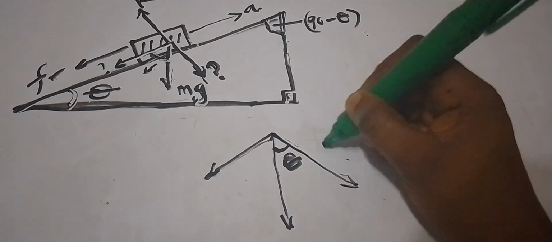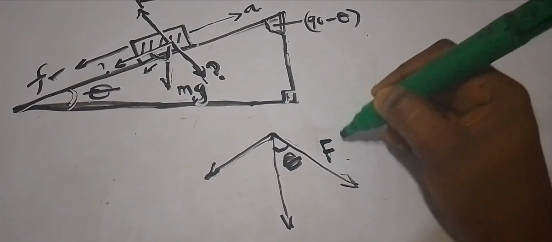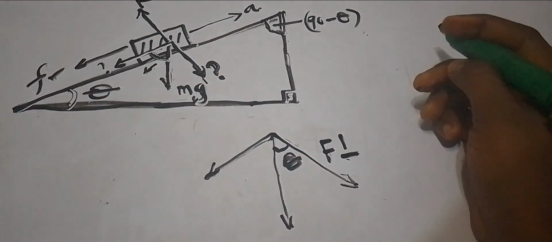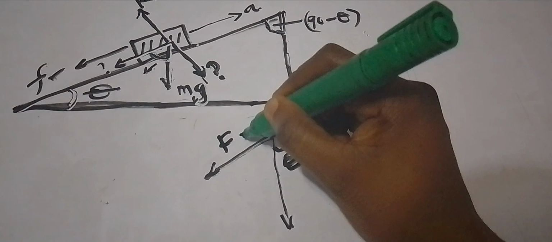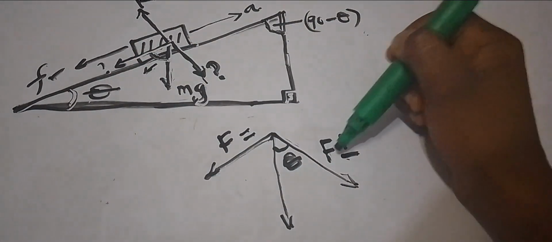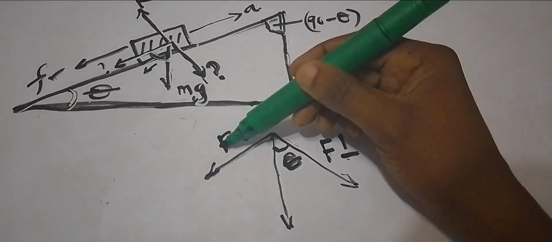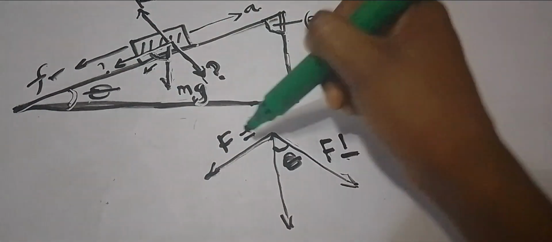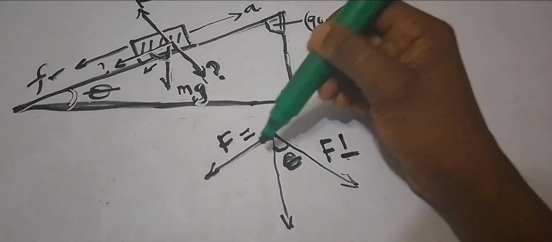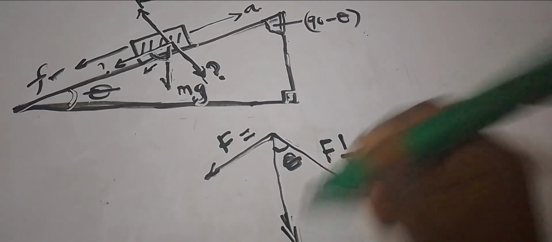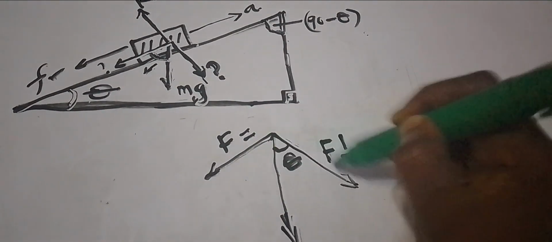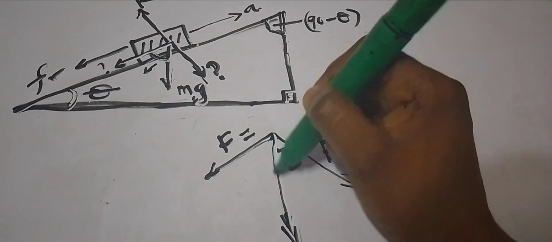So this is the force that is perpendicular to the surface, and this is the force that is parallel to the surface. We want to look at what the component of this force is. So let's use the parallelogram law of forces. That is when two forces are acting like this on each other, the resultant force can be drawn.